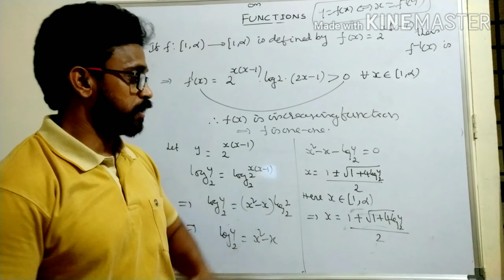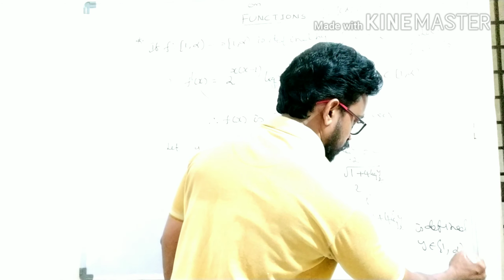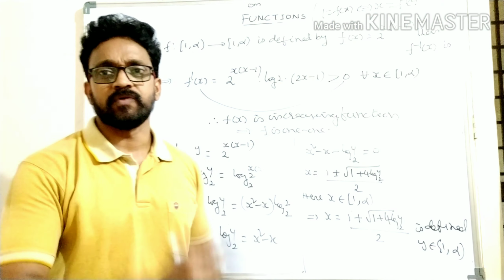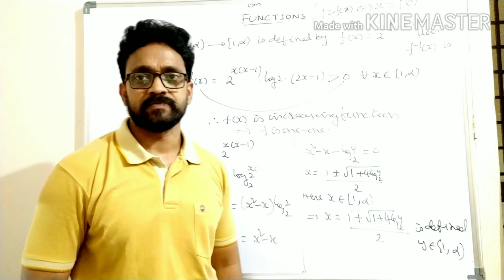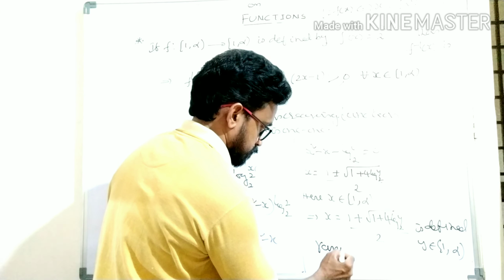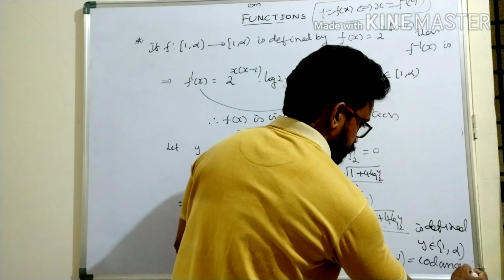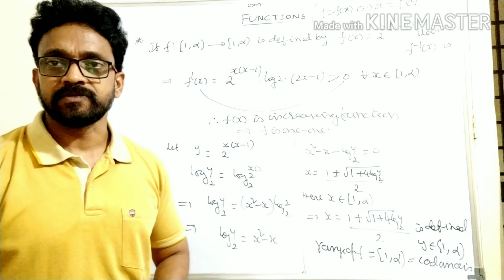Very clear, this is defined. y belongs to [1, infinity). You can take any value for y, then this is defined. That's why, what about the range? The range of f is [1, infinity). This is equal to what? The codomain. That's why f is onto.